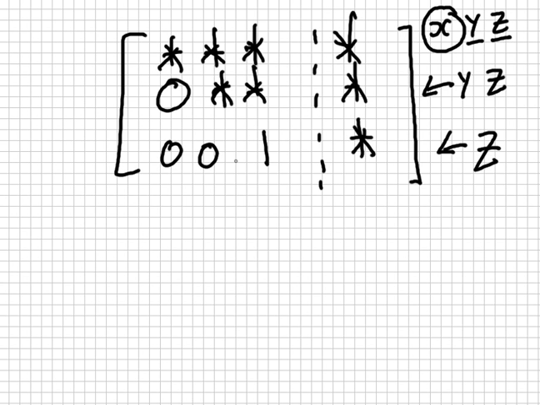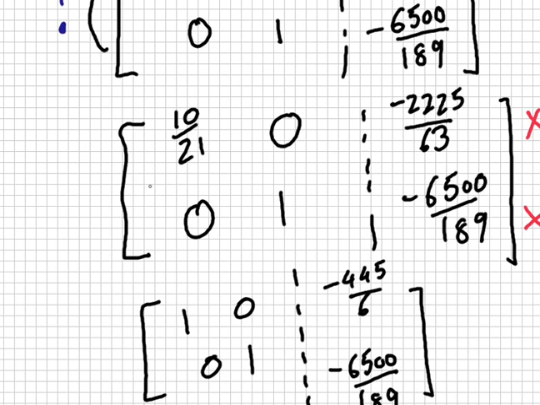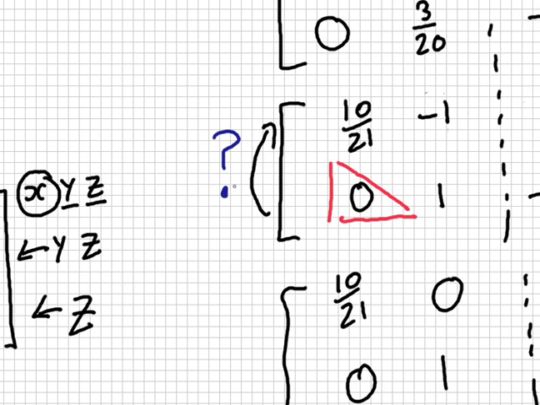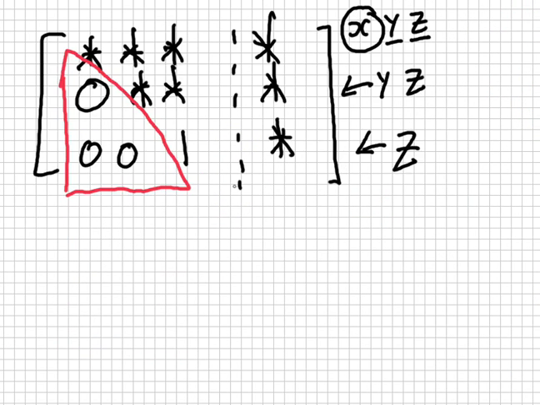So the secret to this method is you must at least get a corner of zeros. If you look back at my example here, I could have stopped here because I had a corner of zeros. I had a 0 in the corner, like here.